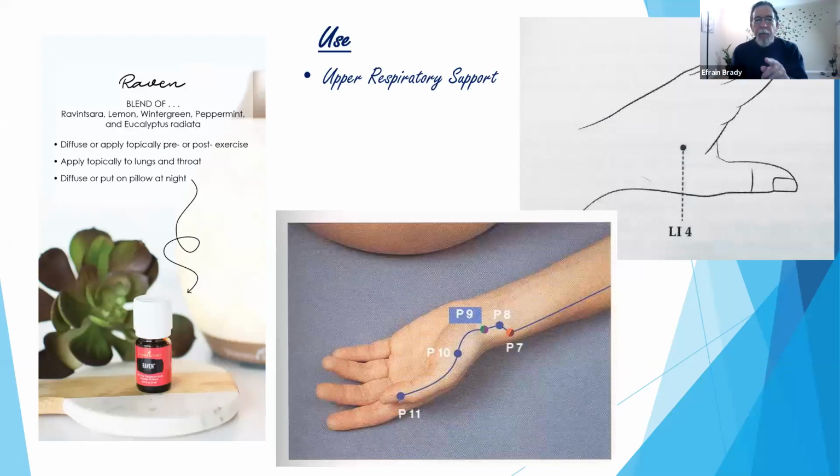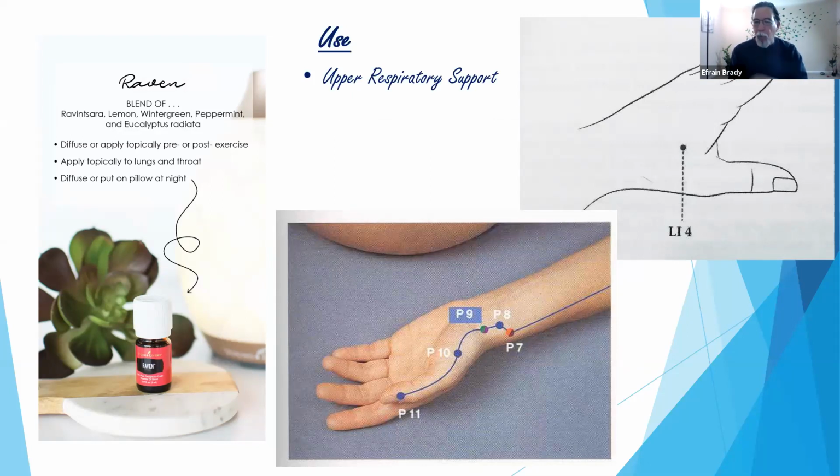Okay. Raven is one of my favorite oils for upper respiratory support. My lungs love this oil for supporting easy breathing. That acupoint is the one that we use to support the lungs. It belongs to the channel of the lungs, and when you stimulate it, all that energy goes to support your lungs.